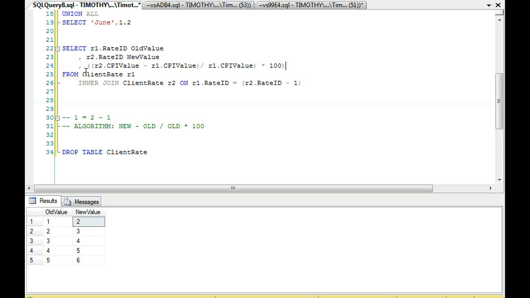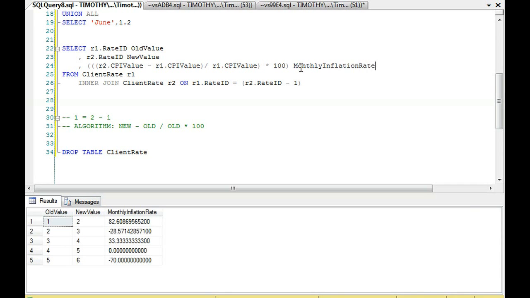And then finally, I'm going to call this the monthly inflation rate. Okay, and you can see the inflation rate growing and shrinking.